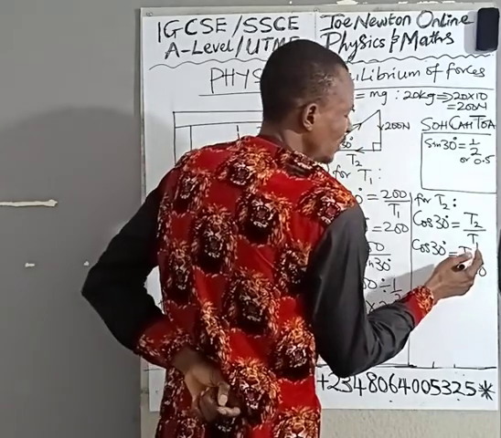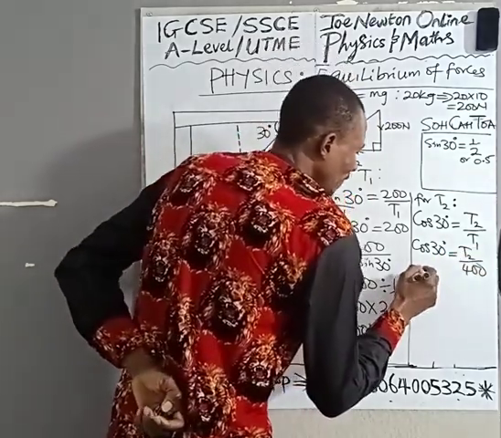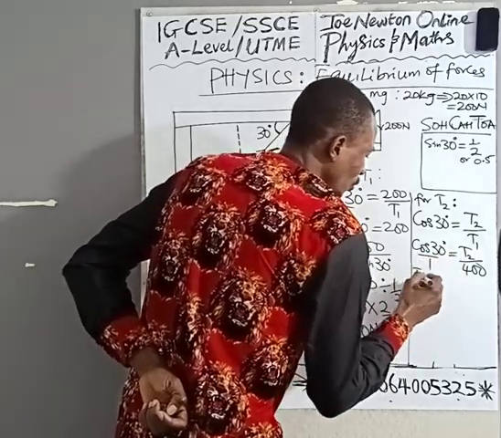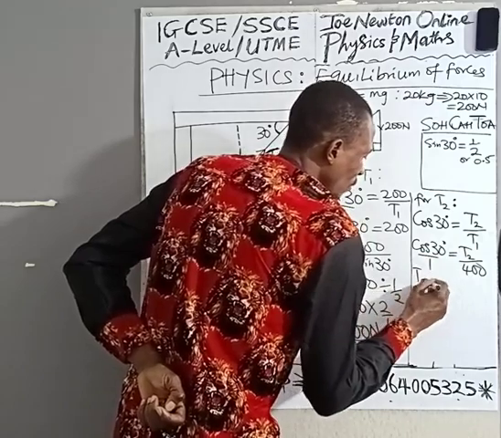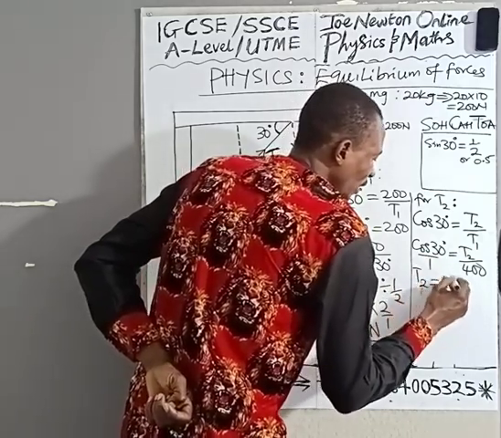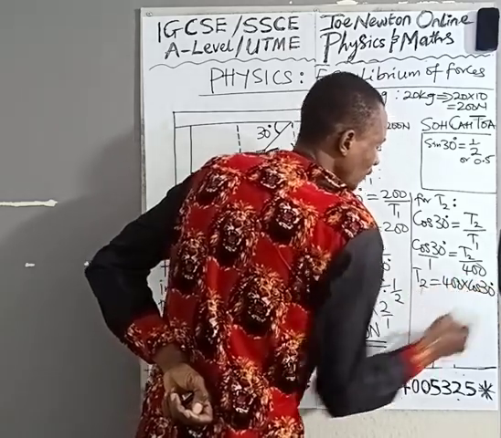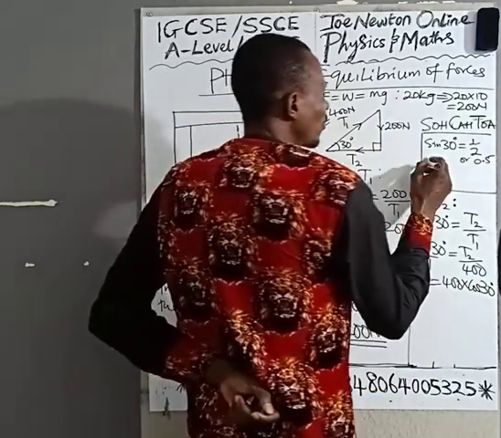So for you to get T2, you cross multiply. Therefore, T2 will be equal to 400 times cos 30 degrees. Good. Now, what is cos 30?